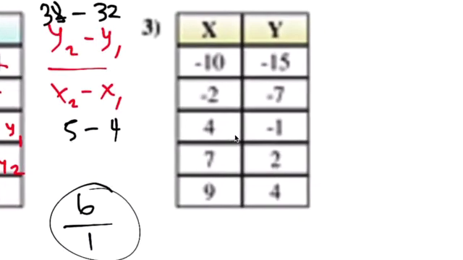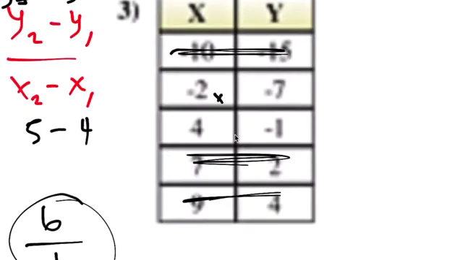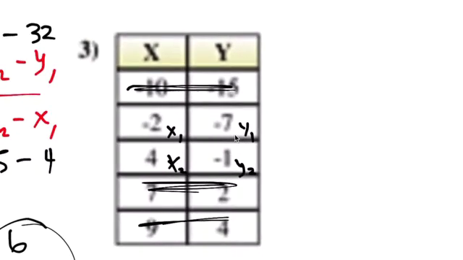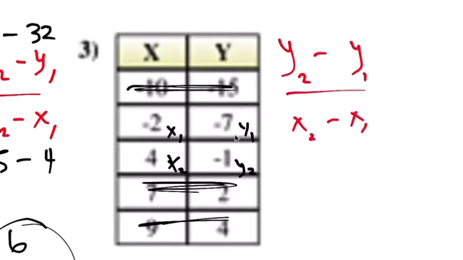Okay, now if you work with negative numbers, let's say, I'm not going to use this, I'm going to use that. X sub 1, y sub 1, x sub 2, y sub 2. Y sub 2 minus y sub 1, x sub 2 minus x sub 1. Y sub 2 is negative 1 minus a negative 7.